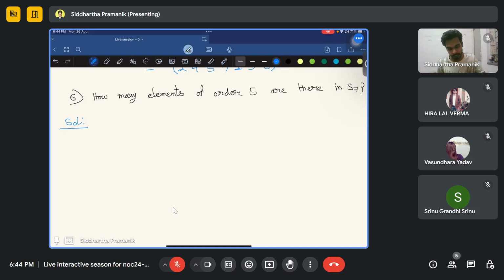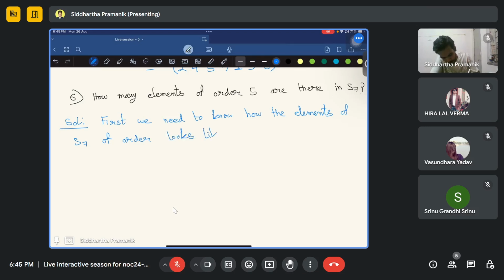Okay, so for this, let me write. First, we need to know how the elements of S7 of order 5 look like. So, what is the structure of elements of order 5 in S7?